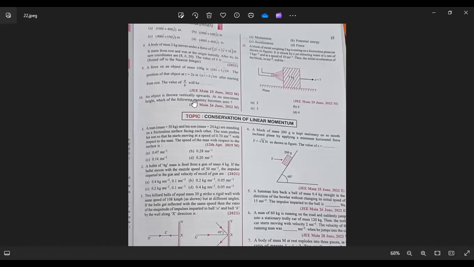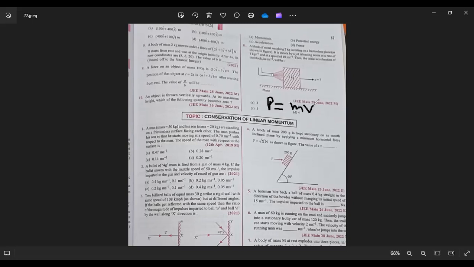An object is thrown vertically upward. At the maximum height, which of the following quantities becomes 0? You know the momentum is equal to mass into velocity.